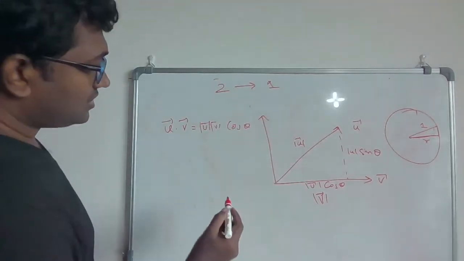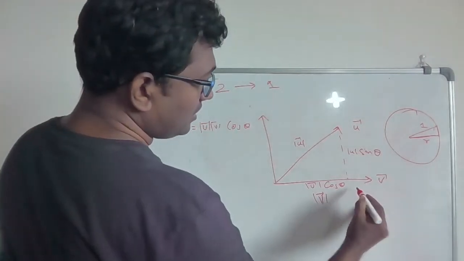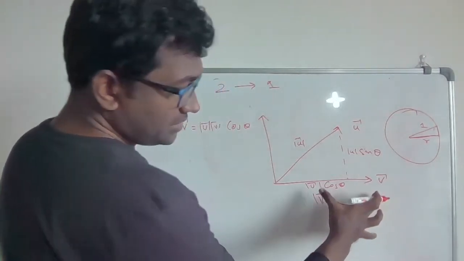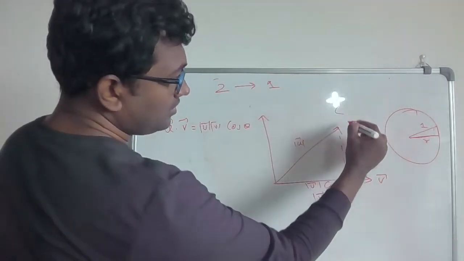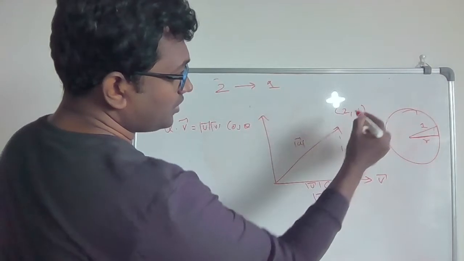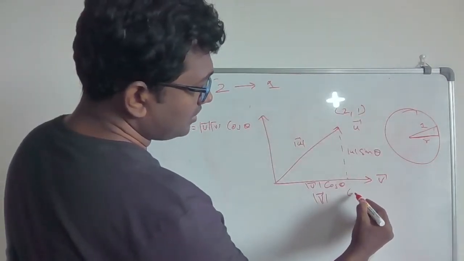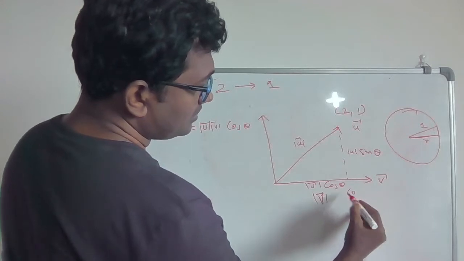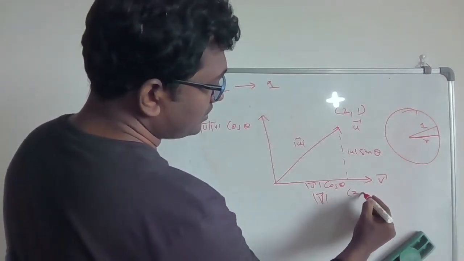The dot product of two vectors is nothing but, let's say you have two vectors. This one is 2 units from the x-axis and 1 unit from the y-axis, and this one is 2 units from the x-axis and 0 units from the y-axis.